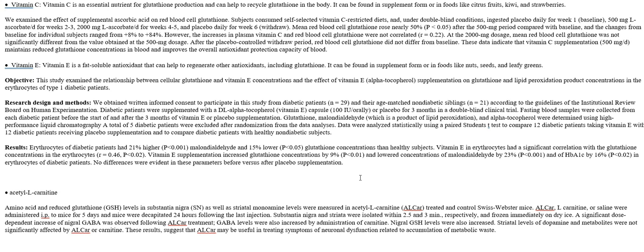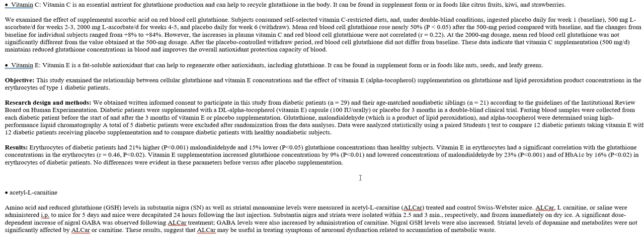Vitamin E in erythrocytes had a significant correlation with the glutathione concentration in the erythrocytes, with a ratio of 0.43 to 0.46 and a p-value of less than 0.02.